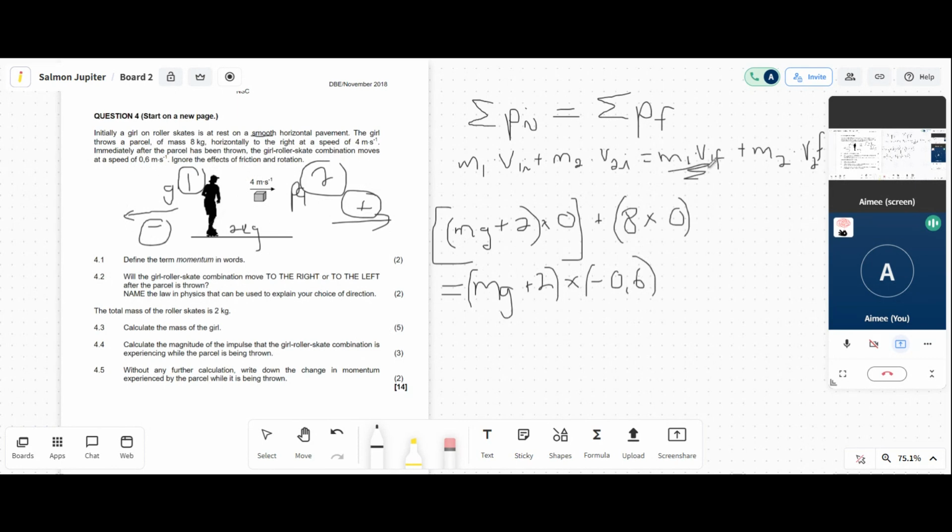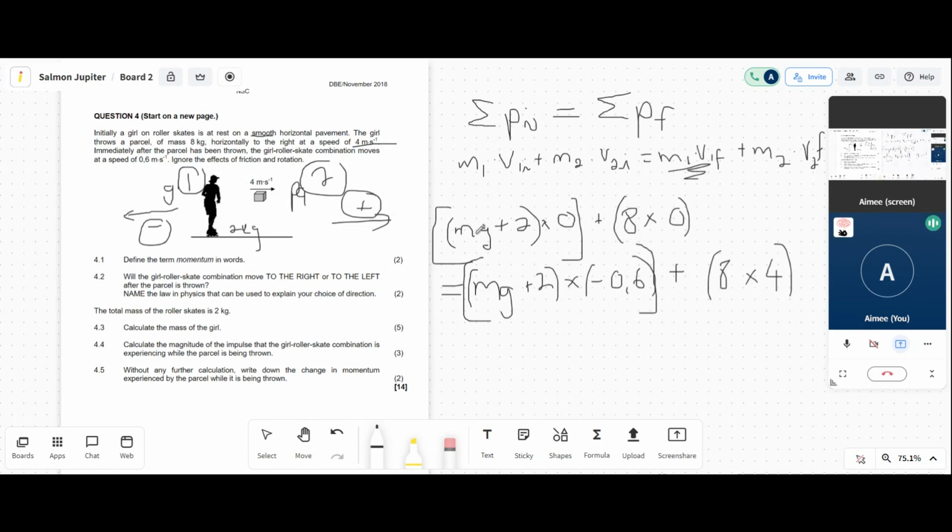Then plus mass 2, the mass of the parcel, which is 8 kilograms, multiplied by the velocity of the parcel, which is 4 meters per second. We substitute that in as positive because it's to the right.